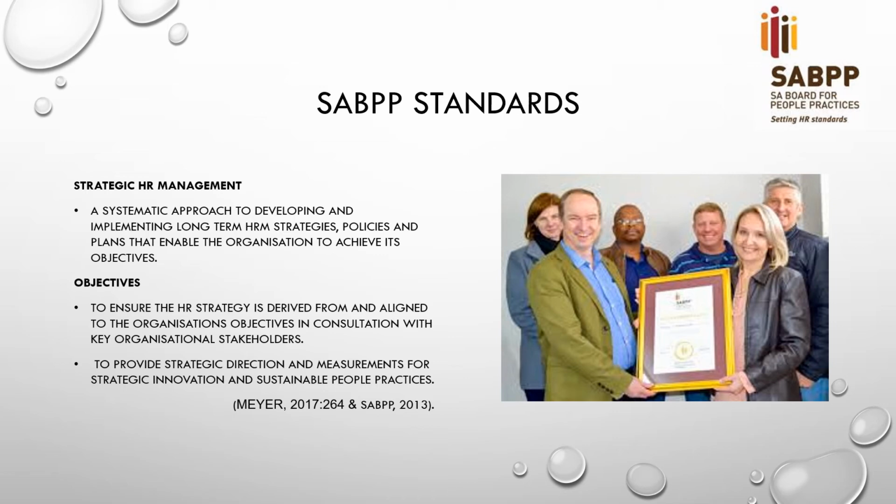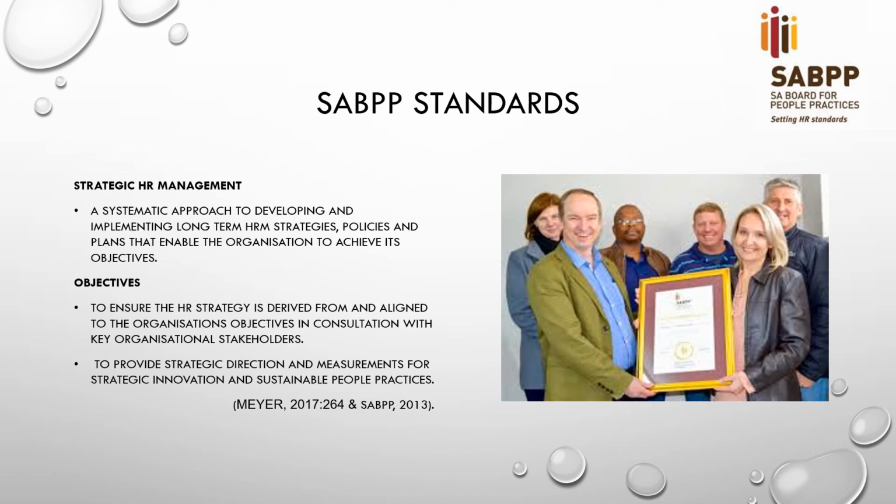So what are the SABPP standards? Firstly, we have strategic HR management. Strategic HR management is a systematic approach to developing and also implementing long-term human resource management strategies, policies, and plans that enable the organization to achieve its objectives.